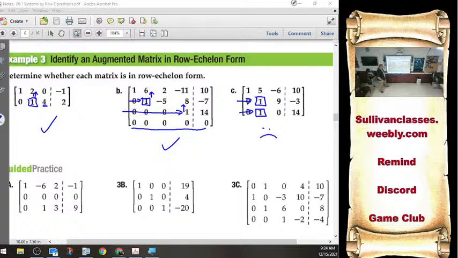So, it's easier to just talk about it. This one. Do you think it is or is not, and why? Okay, that row of all zeros should be on the bottom, and look at the first non-zero entry has a 0 value above it. So that one's a big fat no. What about contestant 2?